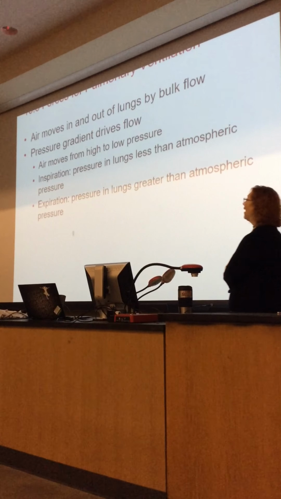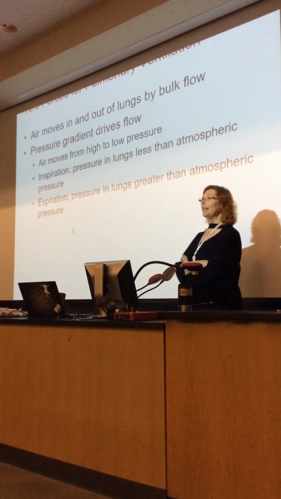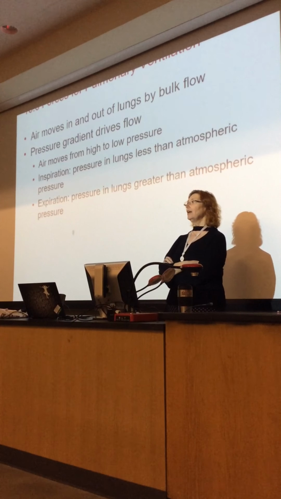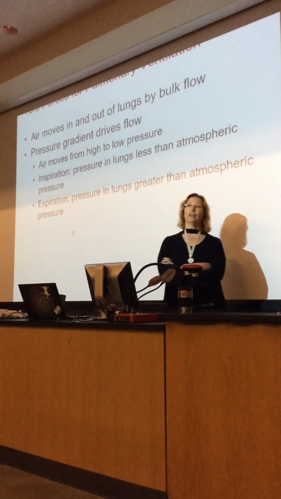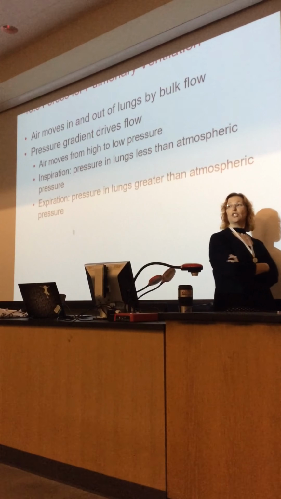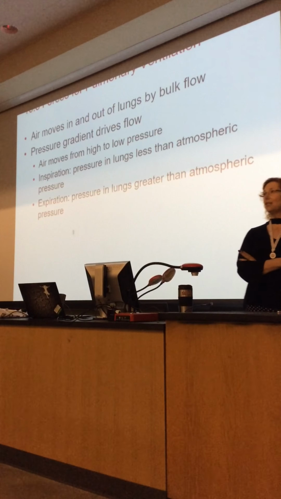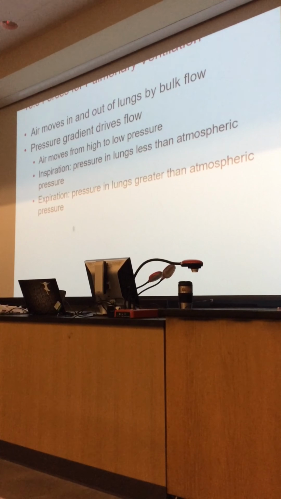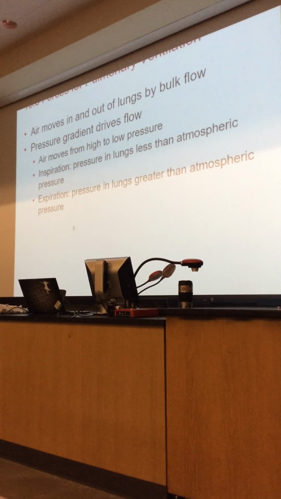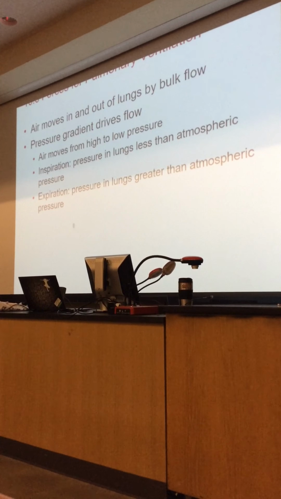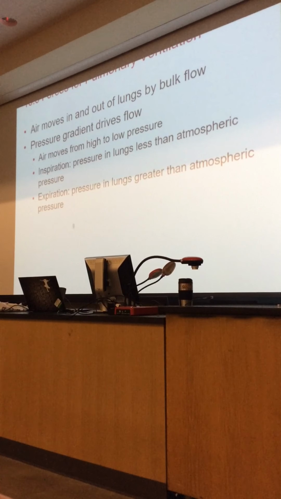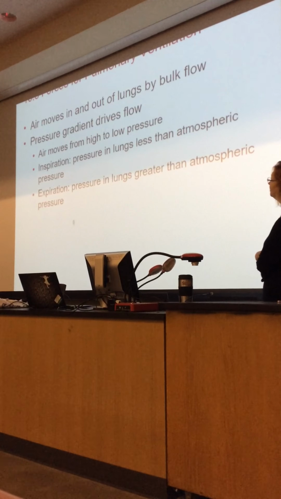Things will move from a high pressure to a low pressure, whether we're talking about volume of blood in the cardiovascular system, which is that part of chapter 14.5, whether we're looking at air here in the respiratory system, or whether we're looking at plasma, specifically serum, in the urinary system.